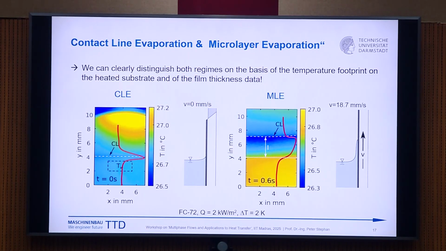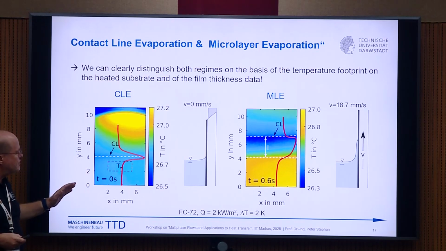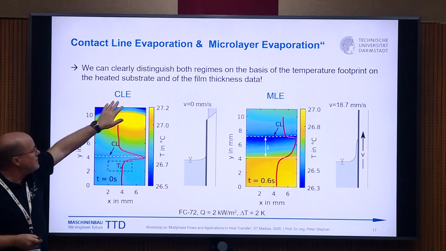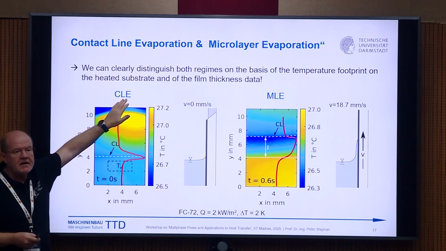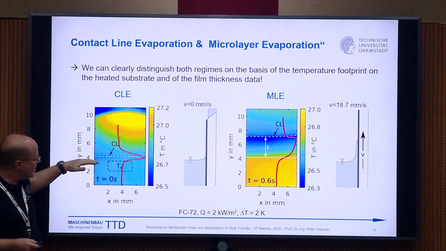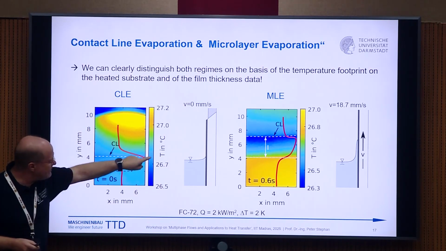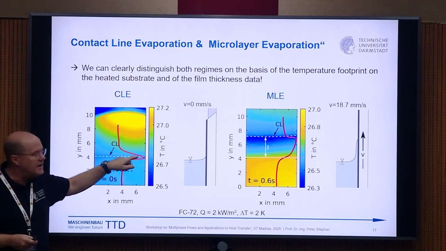And we could see that depending on different parameters, which I will show in a minute, we have different temperature profiles. Either we are in what I call the contact line evaporation regime, where we only have a contact line, and then we have this typical peak heat flux.